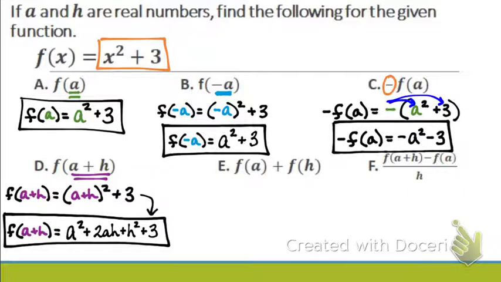So I would have a squared plus 3 plus h squared plus 3. And then I combine any like terms together. That'd be a squared plus h squared plus 6.